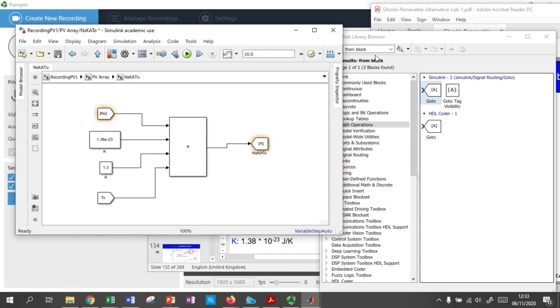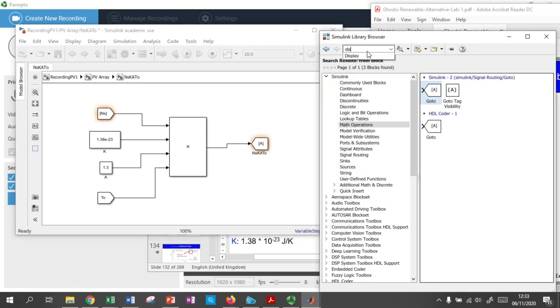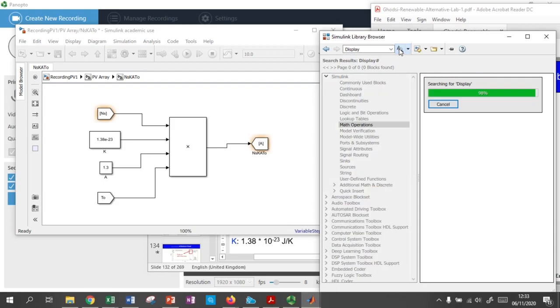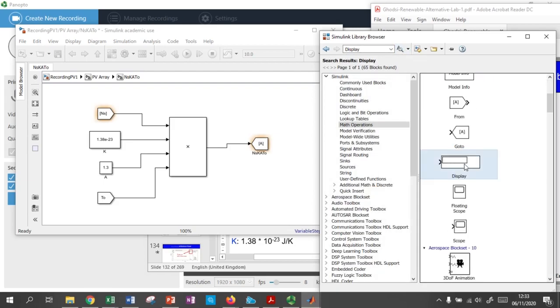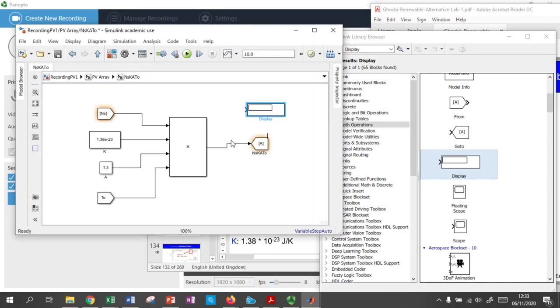Then we will consider the display. We need one display. I will search for it here, or I can go to the sink. Oh, I made a mistake here. Then this is a display. I will find this. Okay, display. I will insert it here, and then I will connect it to this one.